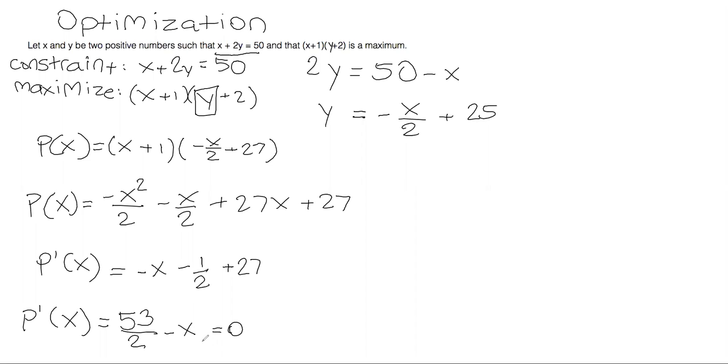And then from there, we can see that we need to add x to both sides, giving us the following. We have x equals 53 over 2. And using our specific calculus vocabulary, this is a critical point.